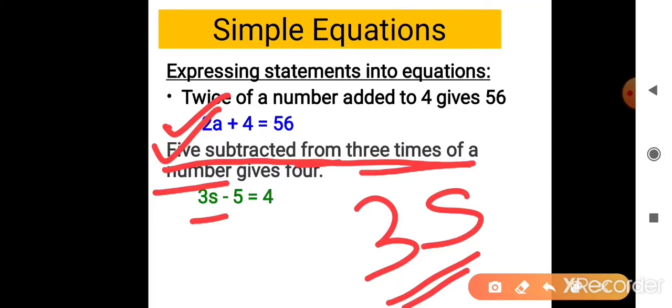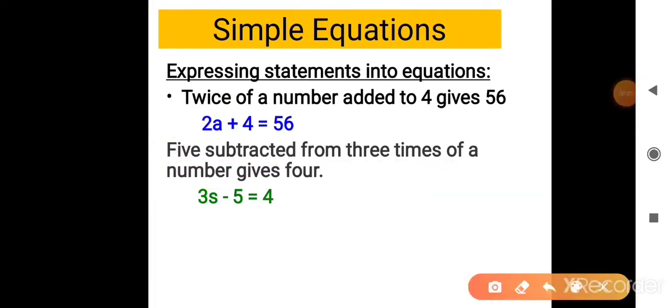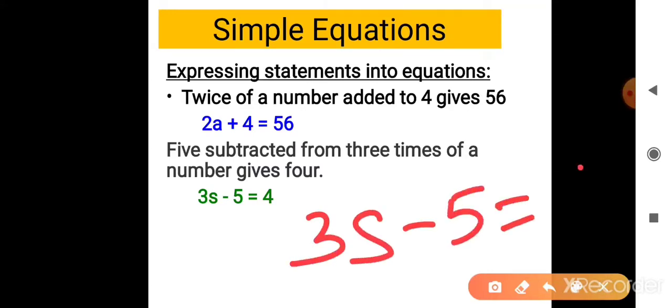Okay, so our 5 needs to be written at the second position, along with a subtraction sign. So 3s minus 5 gives 4. Thus, our statement becomes 3s minus 5 equal 4.